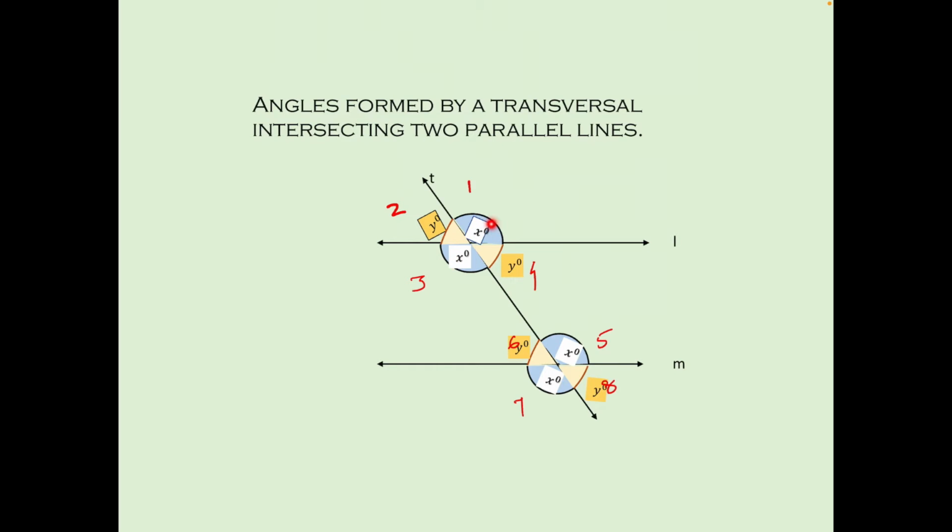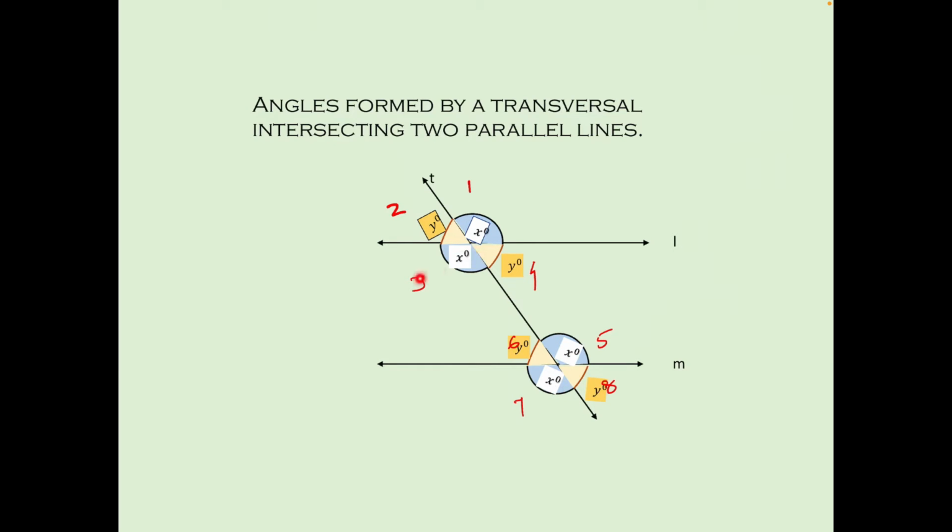So you just subtract x degrees from 180, you will get the remaining angles, say angle 2, then vertically opposite 4 will be the same measure. Now, what is the relation between this and this pair of angles?